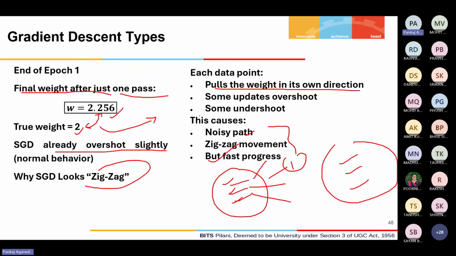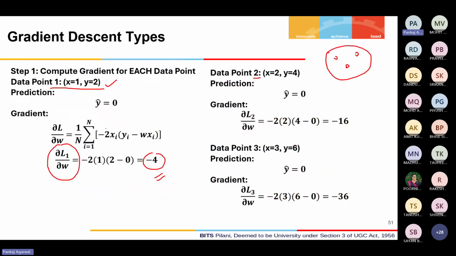Now coming back to what I did over here. Here I'm not doing the weight updation. Weight updation is the major thing that we do, to shift the error here and there. So I did a gradient, which only gives me a direction. I came to data point 2, again it gave me a direction. Again I came to data point 3, it gave me a direction.